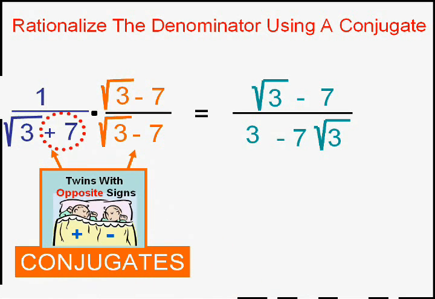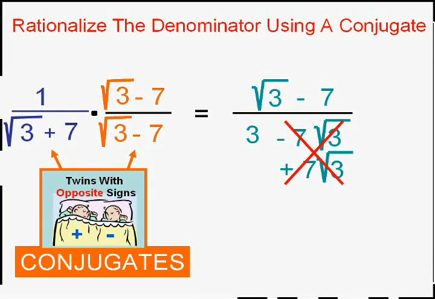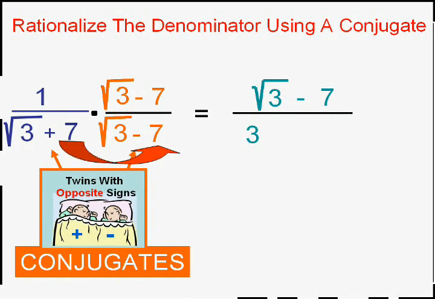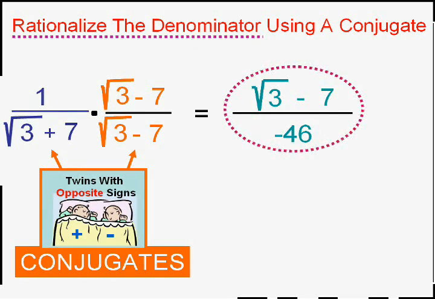And I'm going to get positive 7 radical 3. And the conjugate has taken care of everything, hasn't it? Don't forget the last multiplication. 7 times minus 7. And then add like terms. And I think you've got yourself an answer. And that'll work every time.